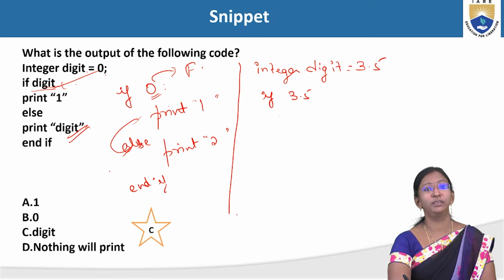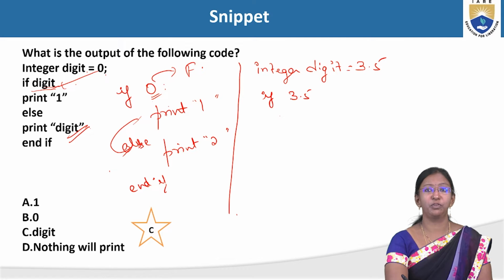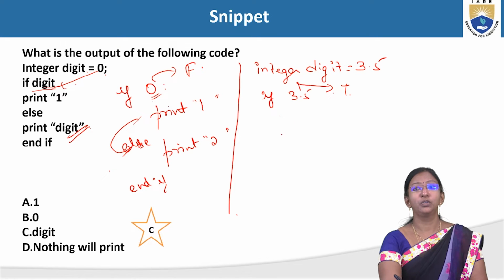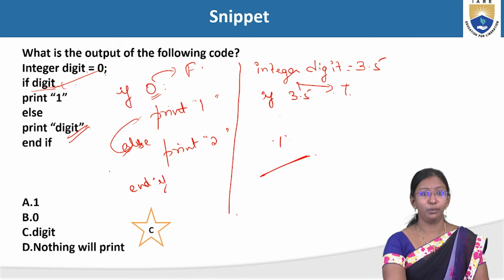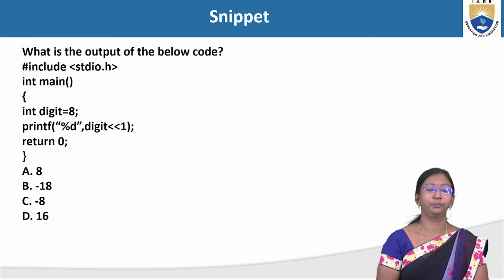As I said, everything is true except 0. So 3.5 when placed in the condition part returns true. So the answer at that time will be 1. Right? So please make sure what the condition is saying. Right? Let's go to the next one.